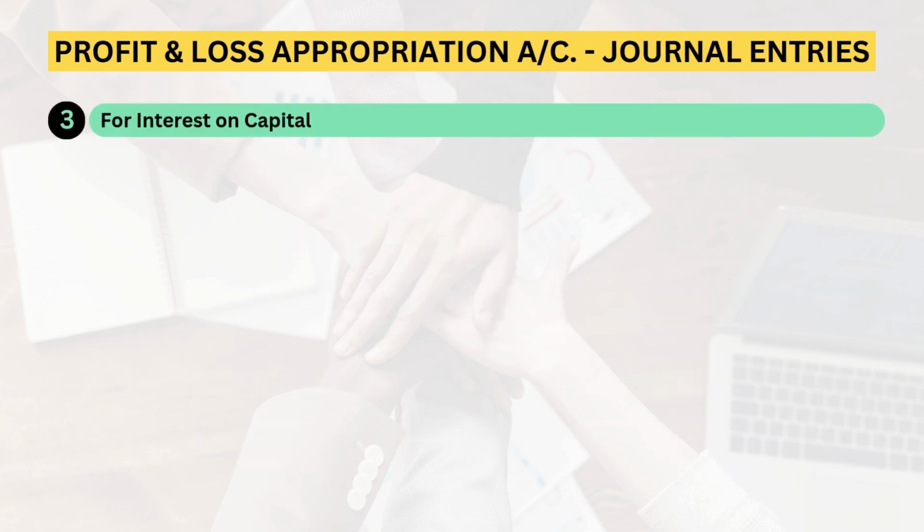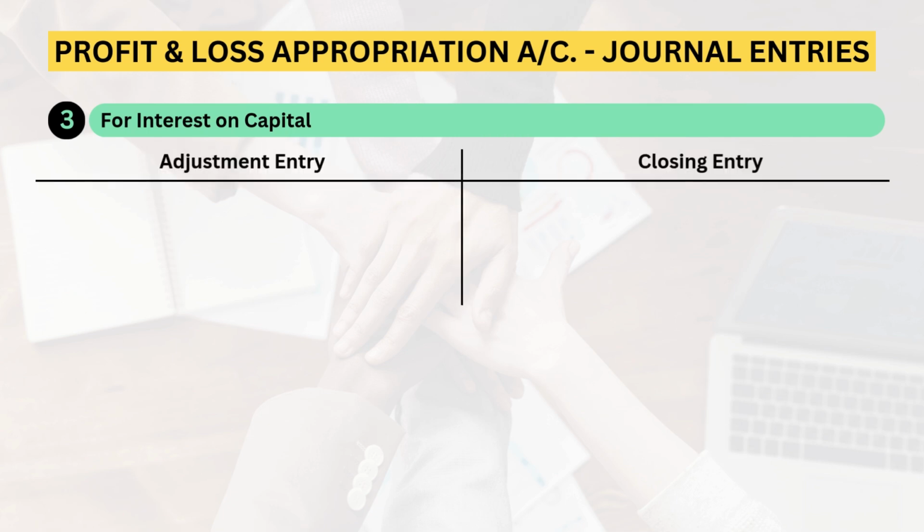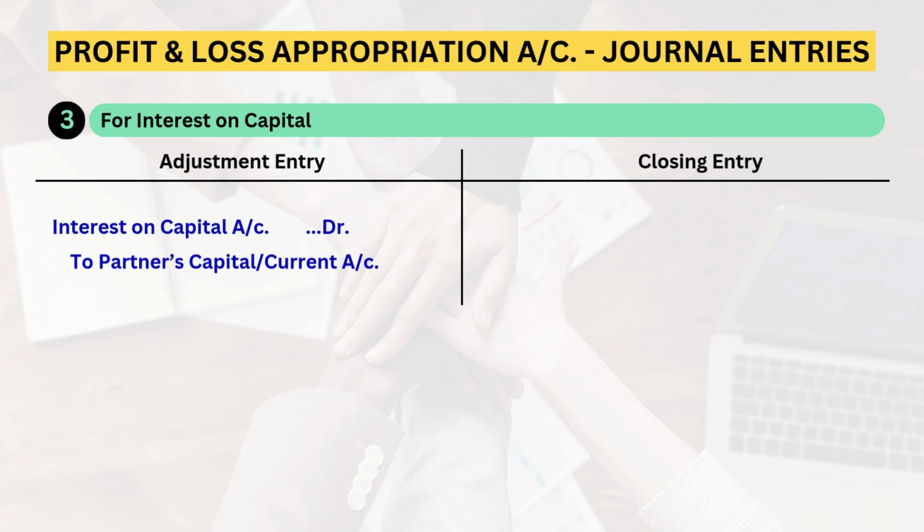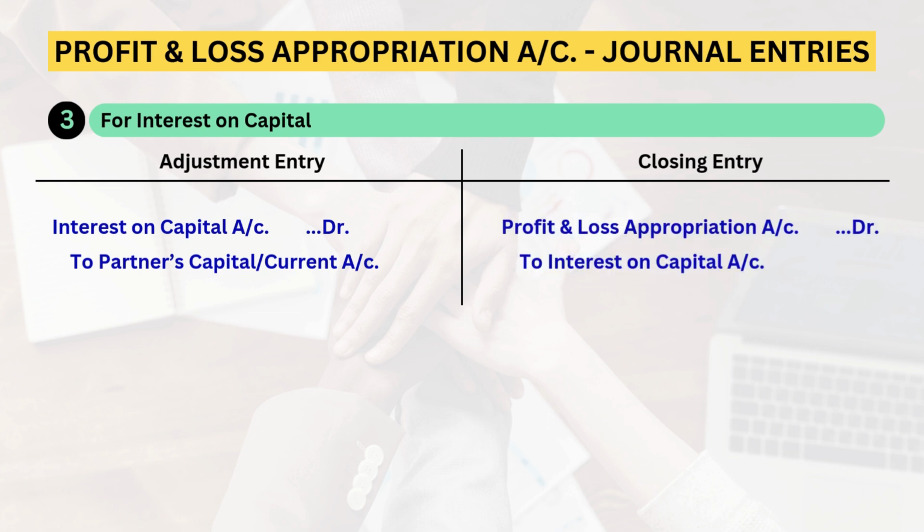Now for interest on capital, adjustment entry will be interest on capital account debit to partners capital or current account. Closing entry will be profit and loss appropriation account debit to interest on capital account.